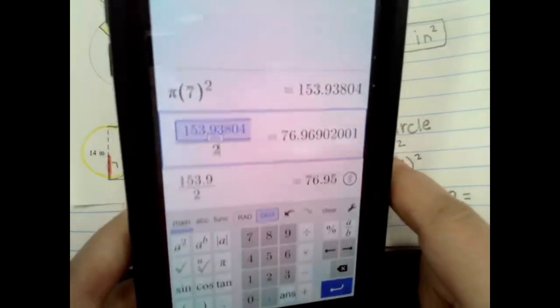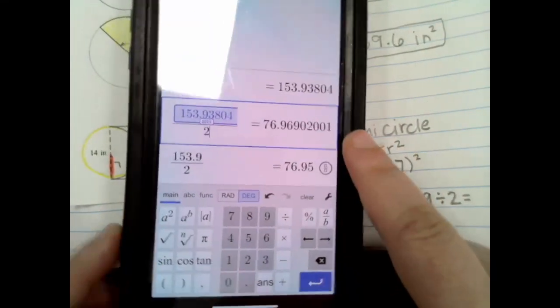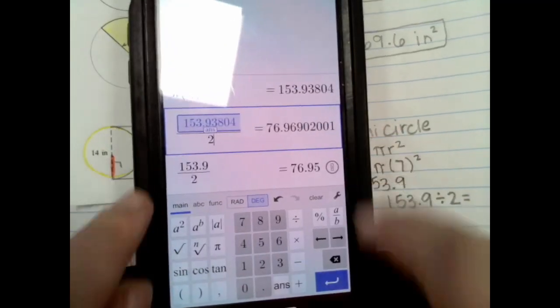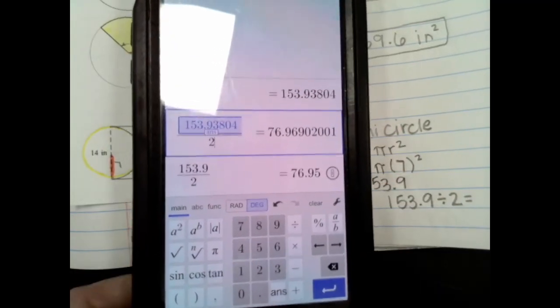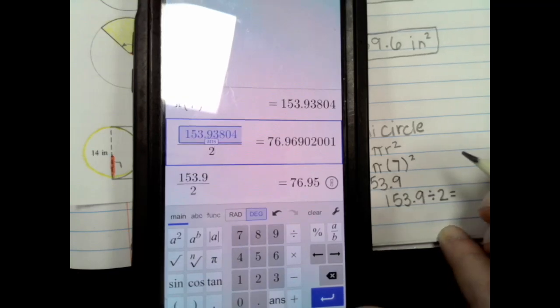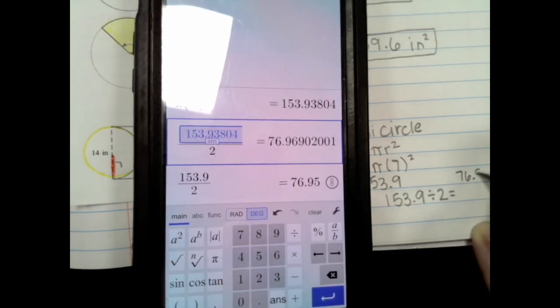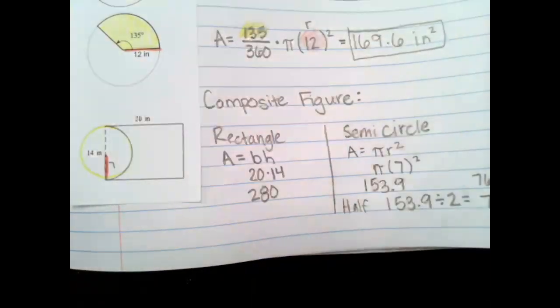So, I mean, they're kind of similar, a little bit different. It just depends on if you're rounding sooner or later. You might get a little bit different answers, but not too much. So 76.96 or 76.95, what would that actually round to? 77. Good. For rounding to the nearest tenth, that would round to 77.